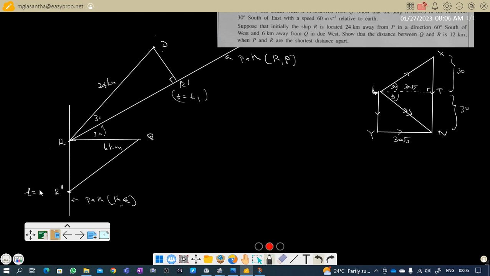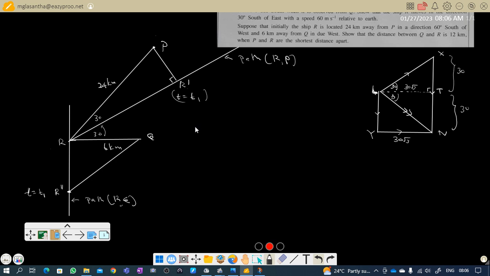When T equals T1, relative to P, R is at this point, relative to Q, R is at this point, right?